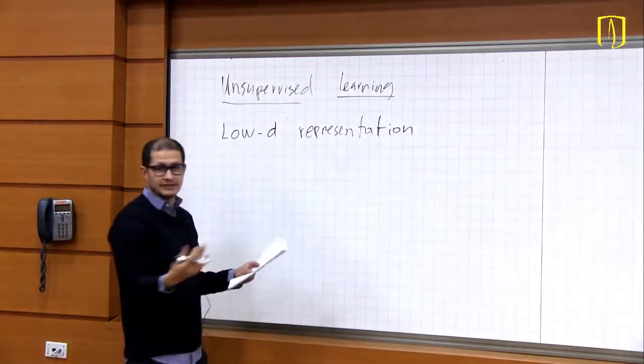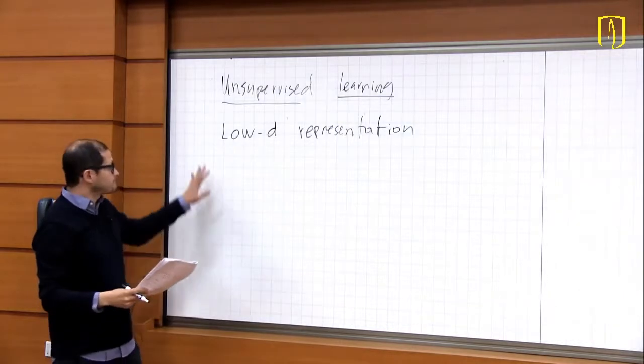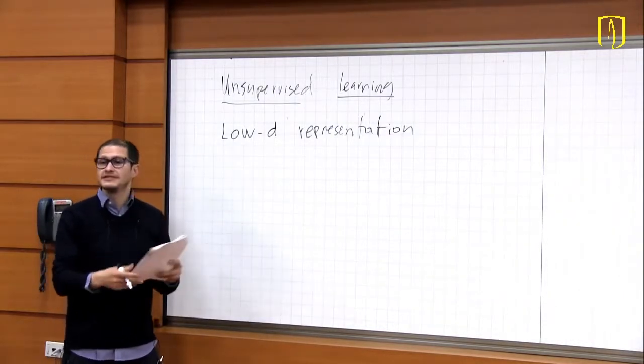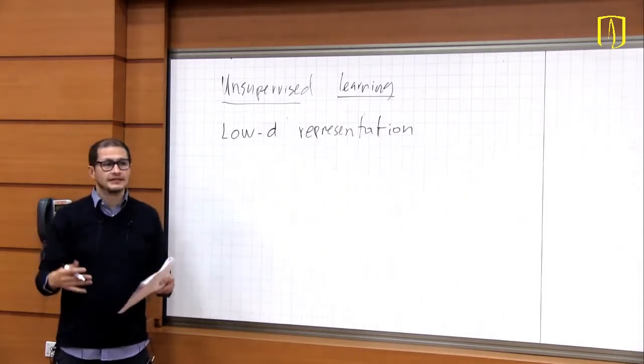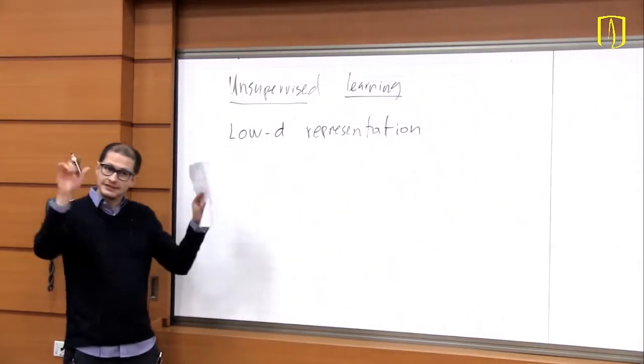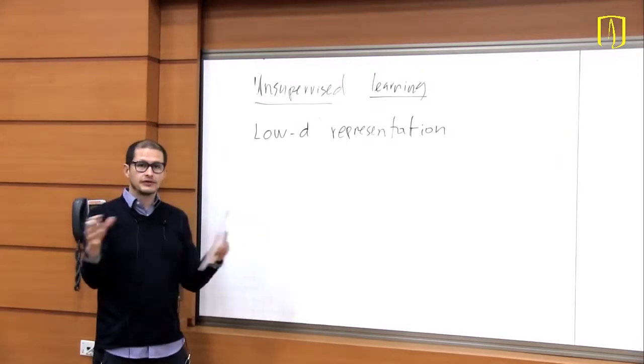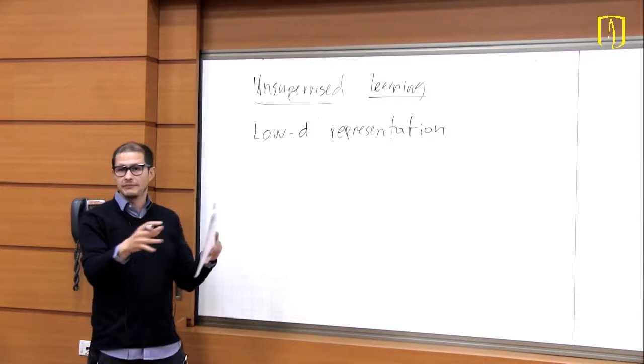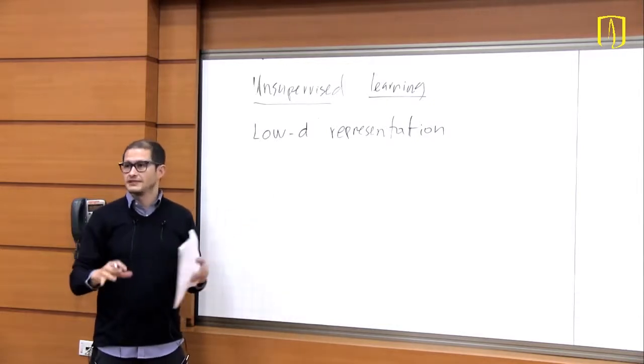What I meant by that is, for instance, if you take this handwritten digits data set, you can project it into a lower dimensional space, let's say 2 dimensions, and then you'll see some meaningful representation of this data.